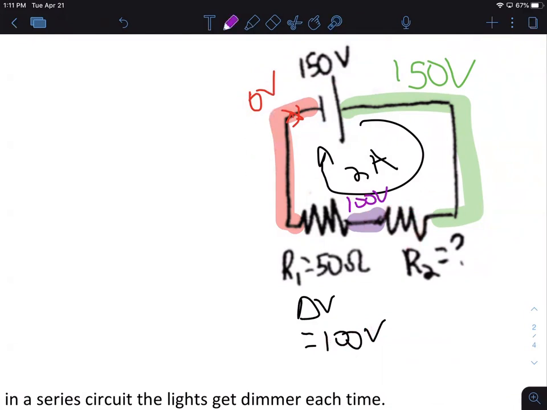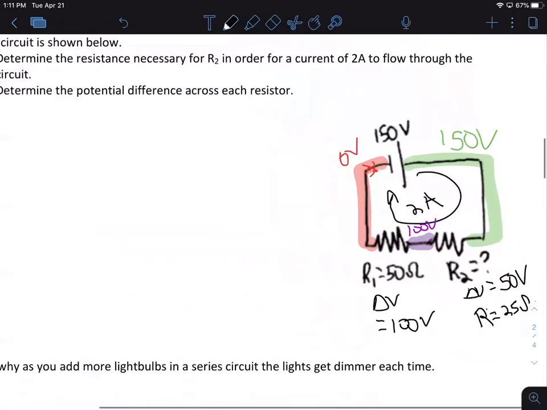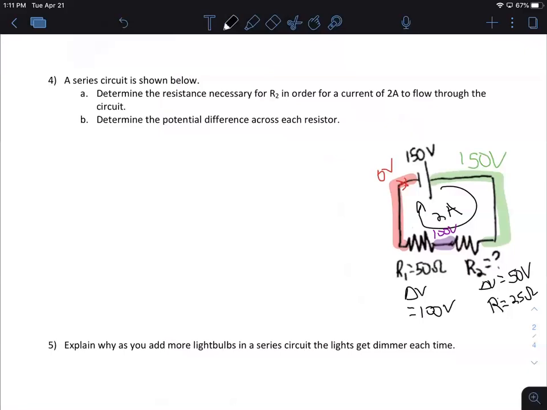So I can find that the delta V across this resistor has to be 50, because I have 150, I'm dropping to 100. 50 volts. Well, I have a current of 2 amps, a delta V of 50, so I know the resistance R has to be 50 over 2, 25 ohms.